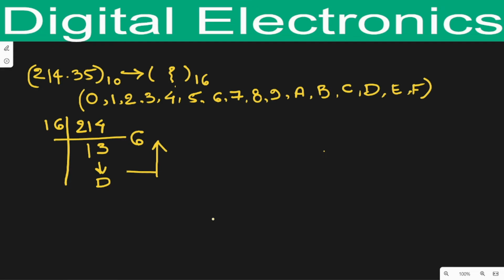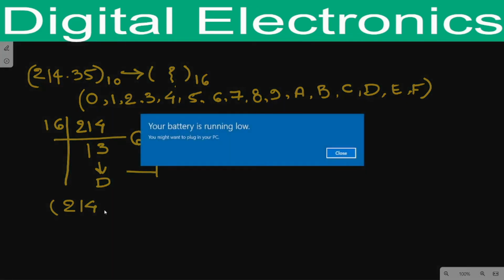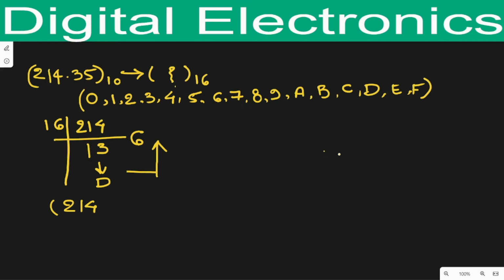So our final answer of the integer conversion is: 214 in the hexadecimal number system can be represented as D6 with the base of 16.